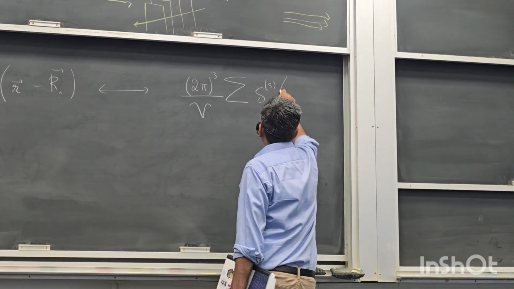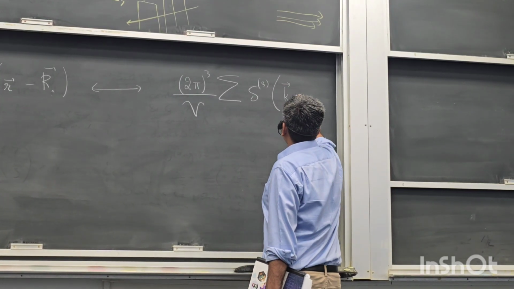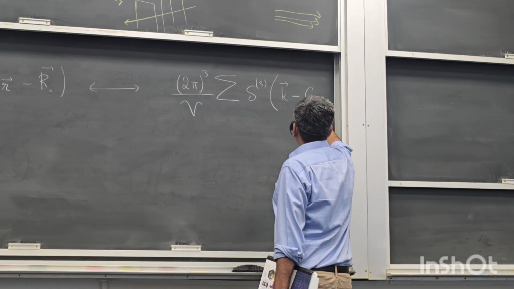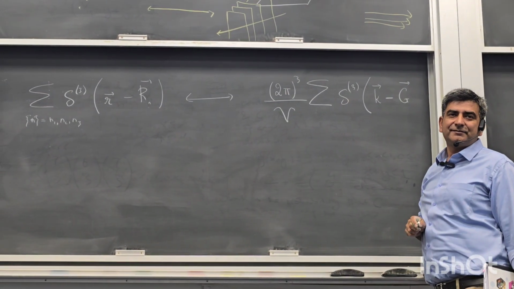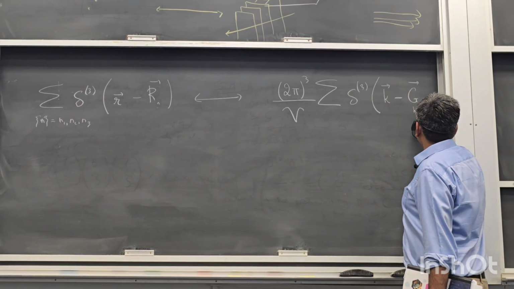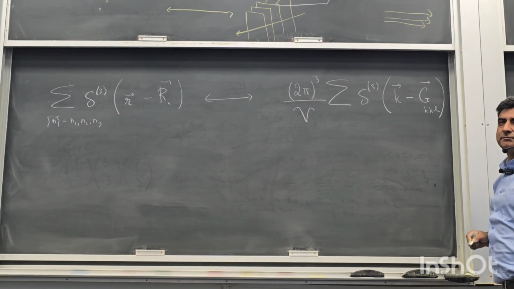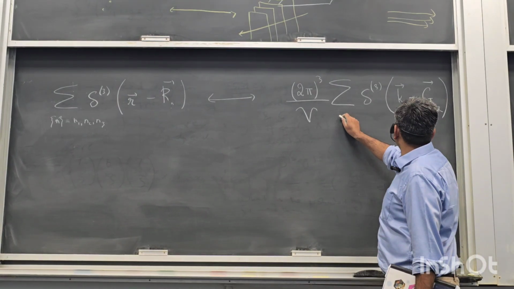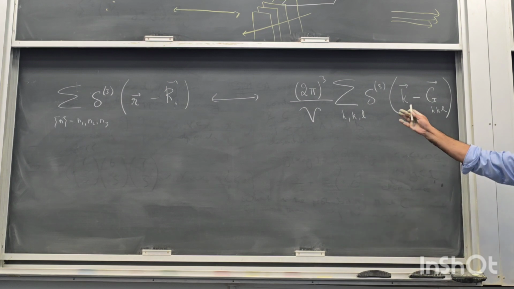and a 3-dimensional network of points given by K minus the G vectors, the reciprocal lattice vectors, which are identified by the planes H, K, L. Okay, so I sum over H, K and L's. So this is the reciprocal lattice.